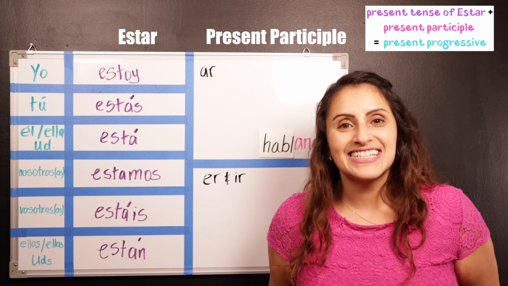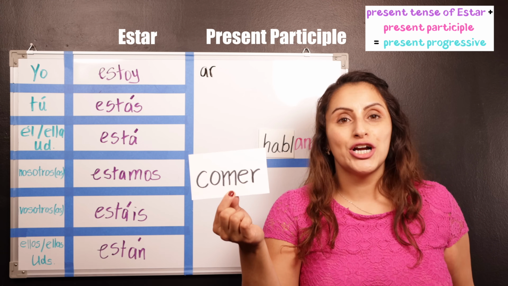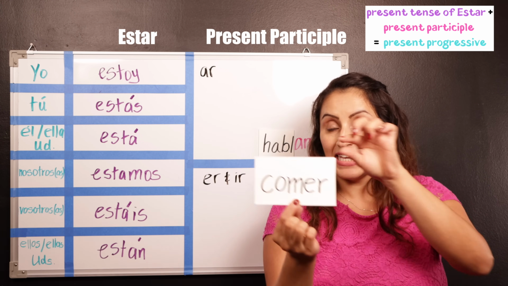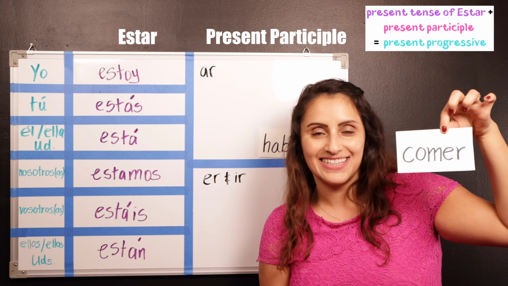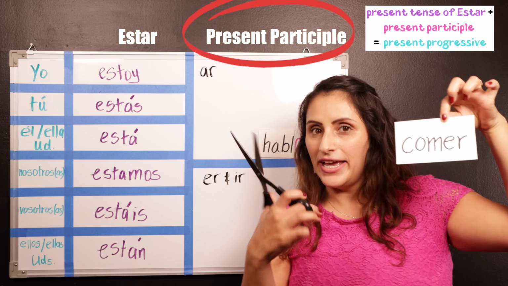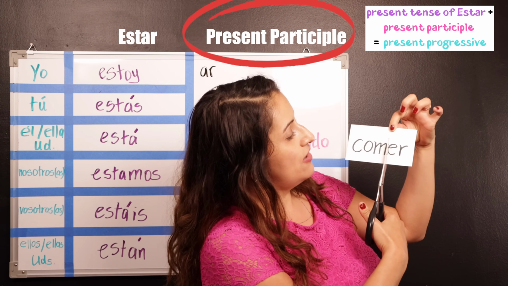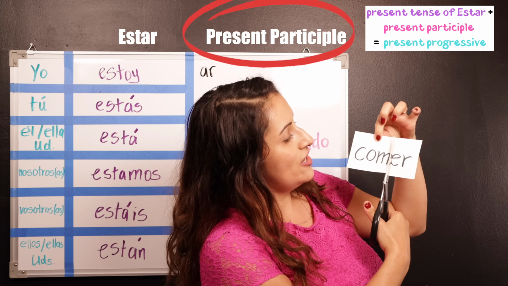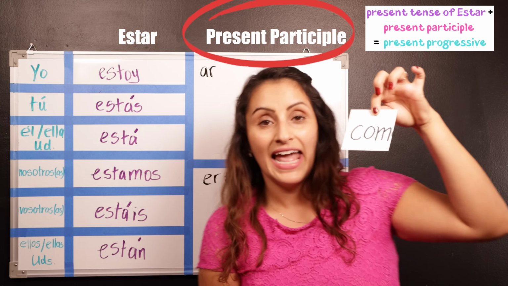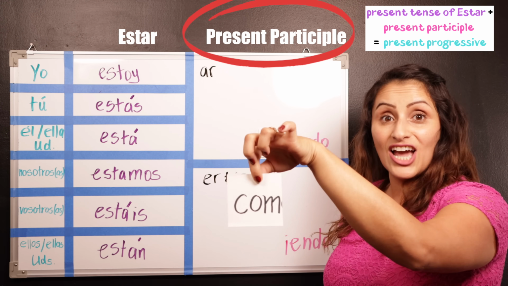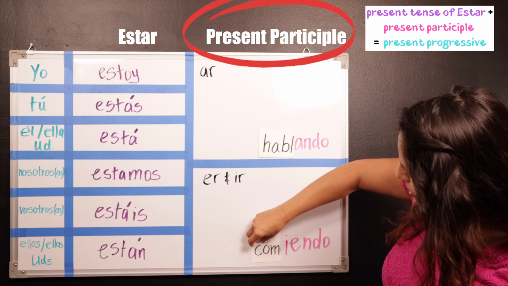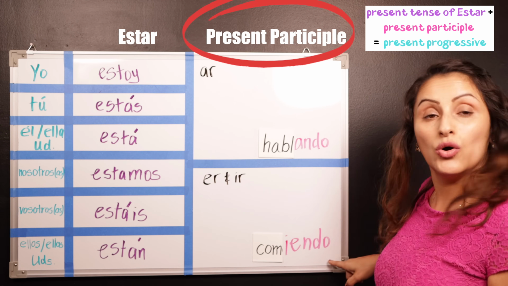Now let's look at an example of an ER verb, comer, to eat. What do we do to get that present participle? We cut off, we get rid of the ER, poof, gone. And since it is an ER verb, we are going to add yendo.